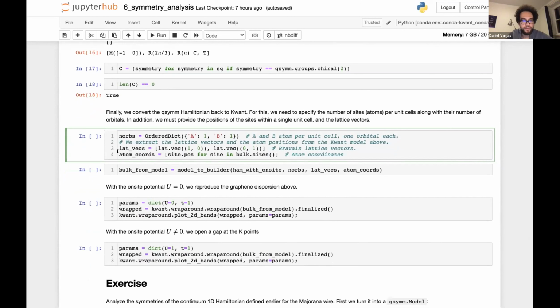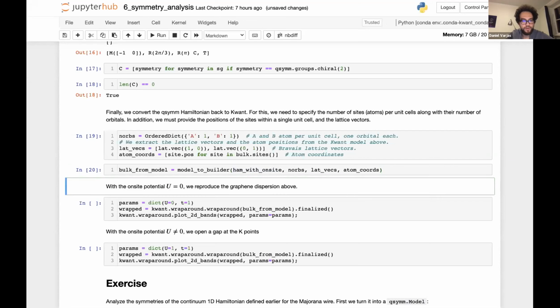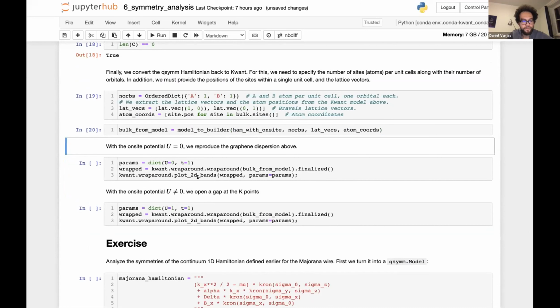And we also need to provide the coordinates of the atoms. These are again just taken from the Kwant predefined honeycomb lattice that we already used. And now we can call the model to builder function, which is in QSymm, which with all this information will convert this new Hamiltonian back into a Kwant builder.